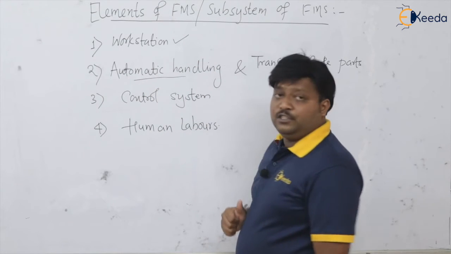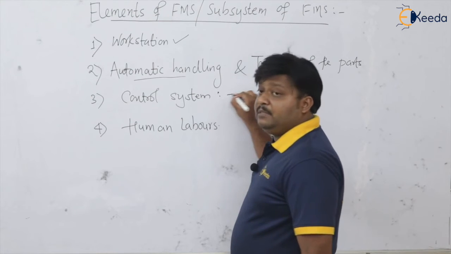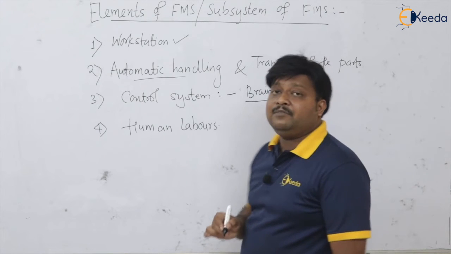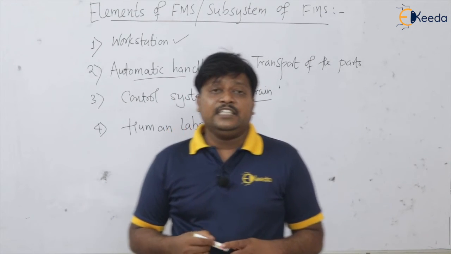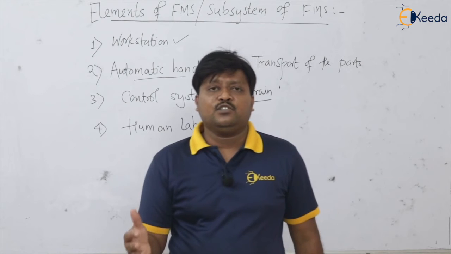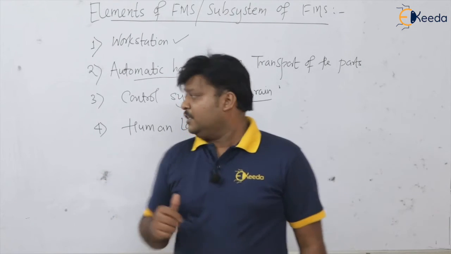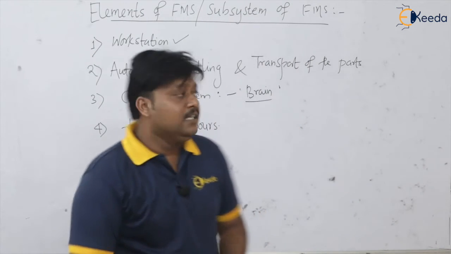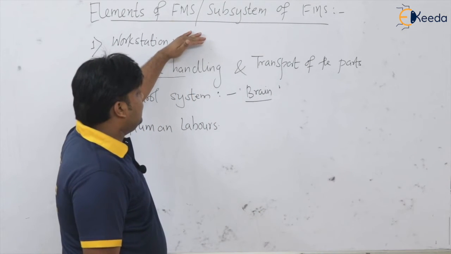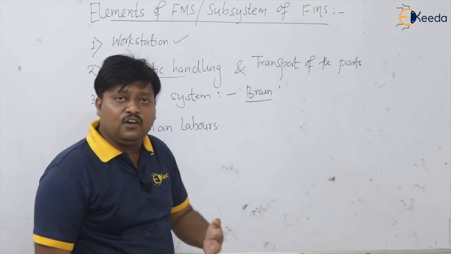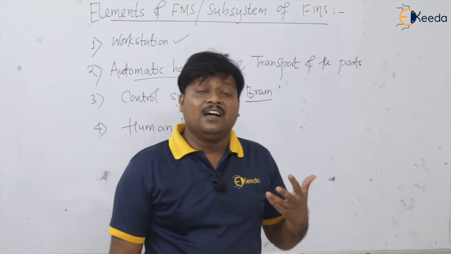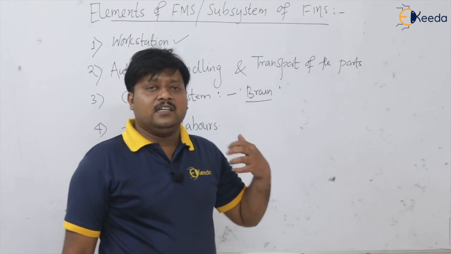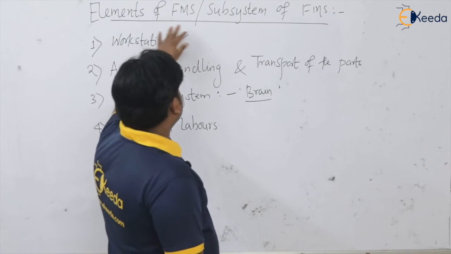Now come to the control system. The control system is actually the brain of this FMS. What is the control system? It is the brain of the FMS, which includes a variety of computer software and hardware.